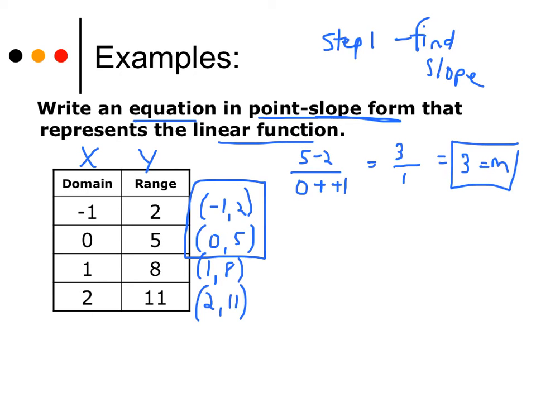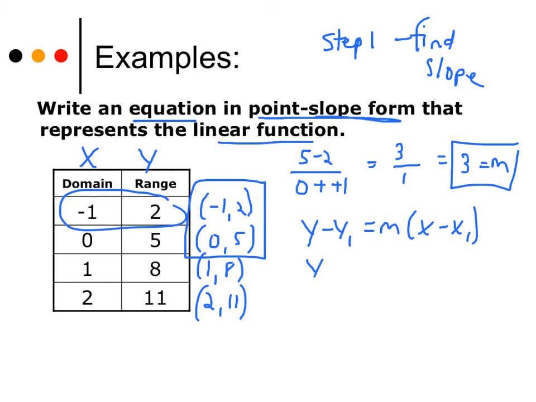Now I pick any of these points. Any of these points I can pick to work right into my point slope form. Again, I'm just going to pick the first one. You can pick any one. So y minus y1 equals m times x minus x1. Hopefully I've said it enough times that you're memorizing this already.